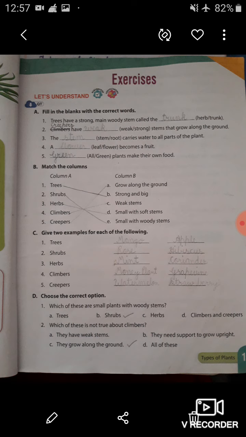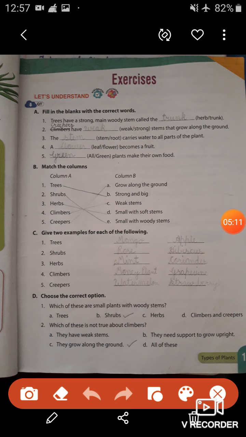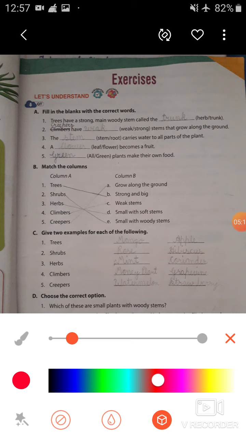The first one is trees. You have to match trees with B, that is strong and big. Now second, shrubs. You have to match shrubs with small with woody stem. The third one, herbs.